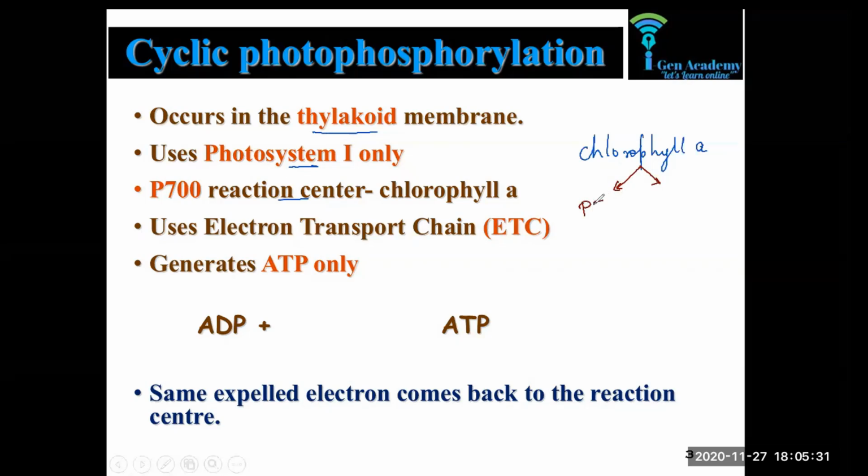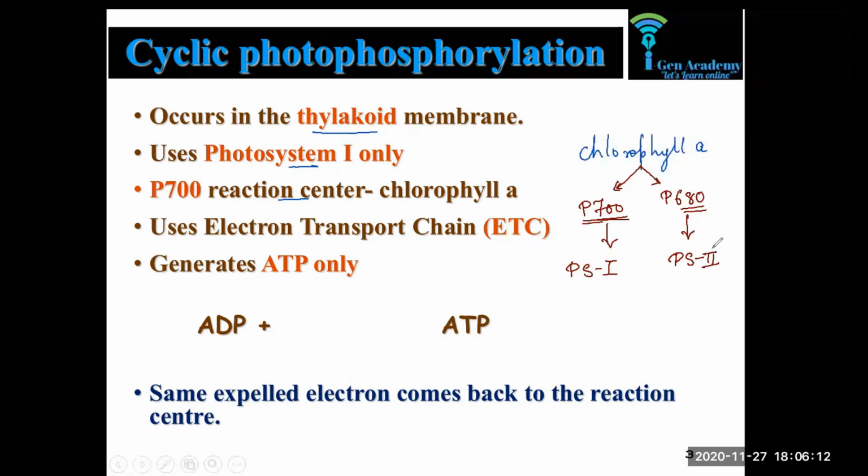One is called P700, meaning chlorophyll A acts at a wavelength of 700 nanometer, and the other is P680, which works at a wavelength of 680 nanometer. The P700 reaction center uses a photosystem, which I'm writing as PS, and we call it photosystem 1. Whereas P680 as a reaction center uses another photosystem, called PS2 or photosystem 2.